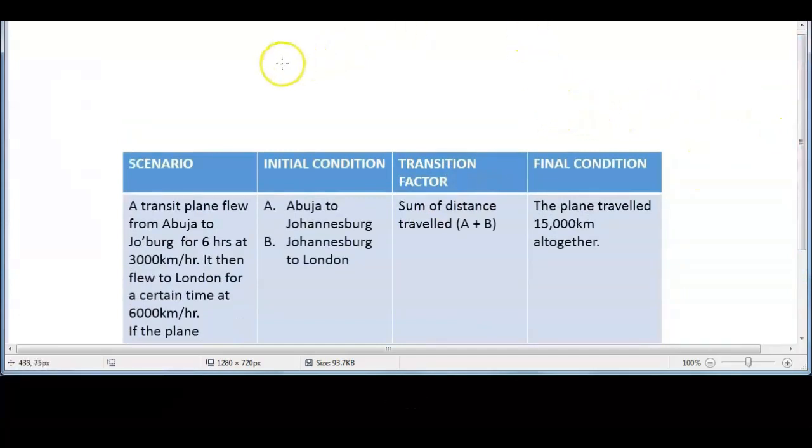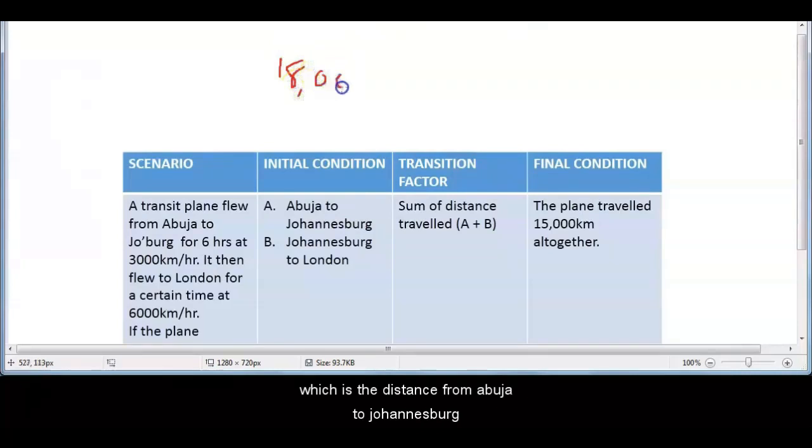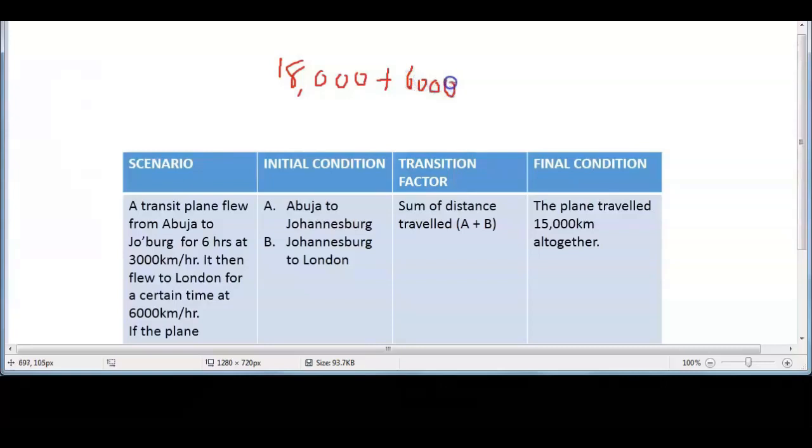So combining the two, we have 18,000, which is the distance from Abuja to Johannesburg, plus 6,000 T, which is the distance from Johannesburg to London.